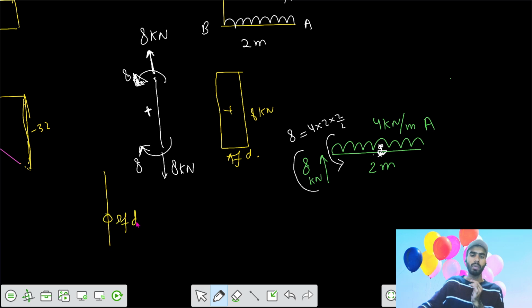And for the bending moment diagram, we can write your clockwise moment of 8, which is positive. Then it remains constant because your shear force diagram is 0. Then it comes to point B, where the clockwise moment of 8 is also there. So finally you get 8 kilonewton meter positive bending moment diagram.